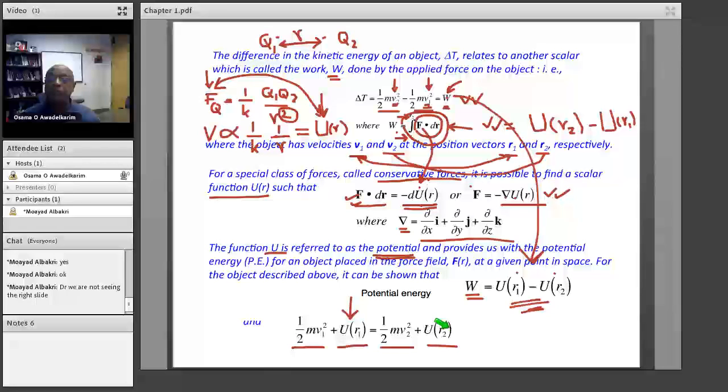So what do we have here? This is our kinetic energy. This is our potential energy. So kinetic energy plus potential energy equals total energy. So what we have on this side here is total mechanical energy at position 1, which is this one here, right?